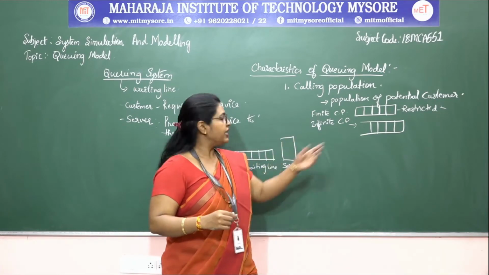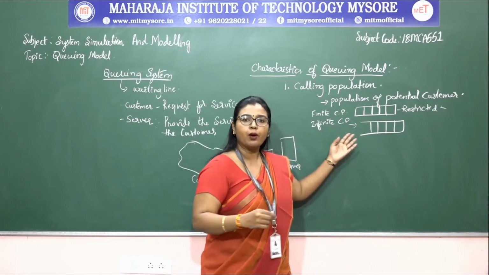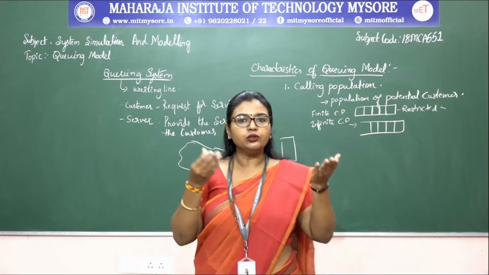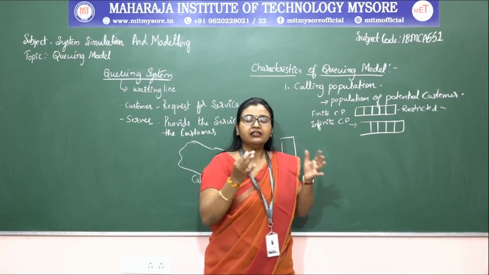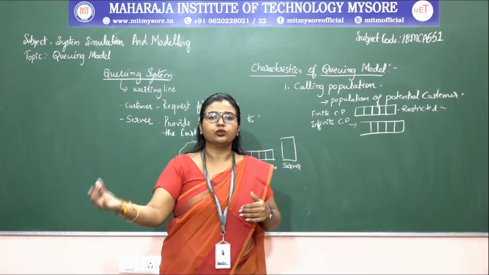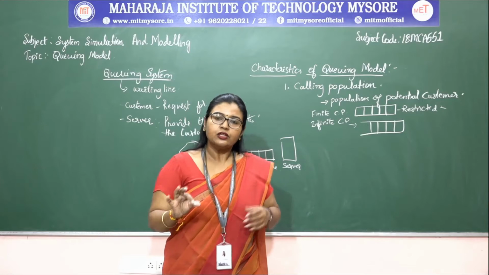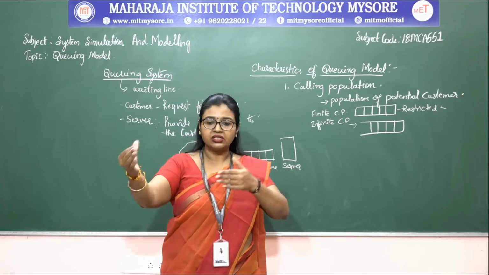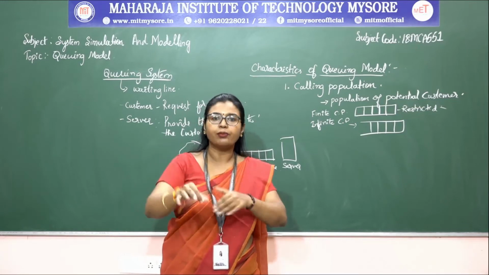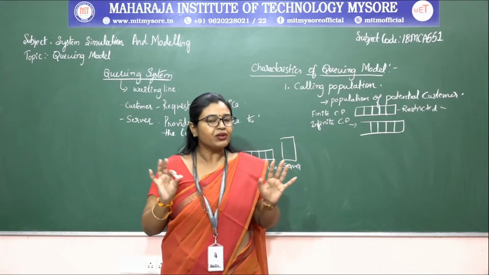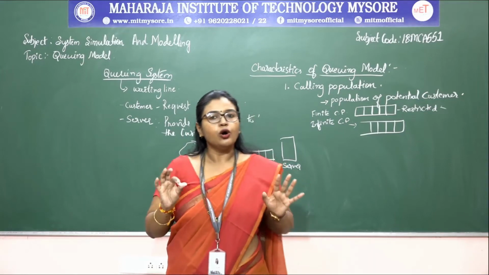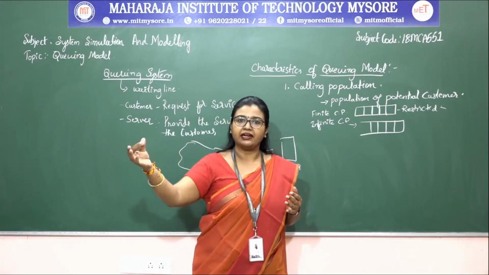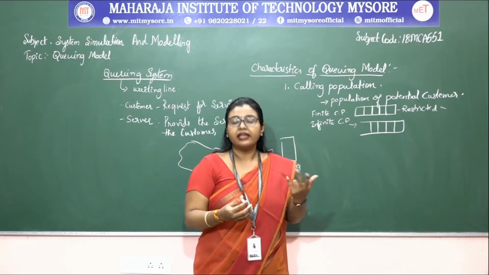The example for infinite calling population is the banking system. For the customers coming into the bank, we cannot restrict them to come or not come into the system. We can't say that these are the only customers who have to come into the system. Or else the students waiting in the canteen or at the ticket counter.